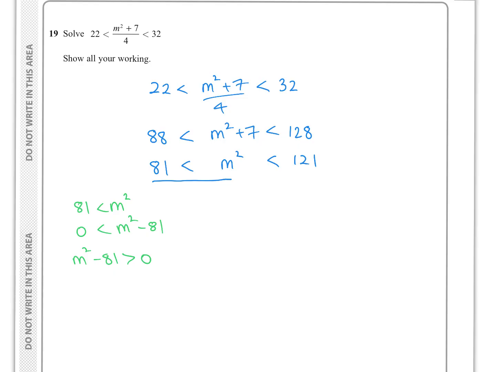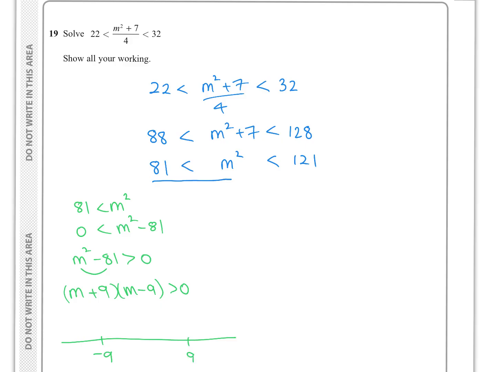That's the difference of two squares, and that's quite important. So I would say m plus 9 times m minus 9 is greater than 0. I'm going to put -9 and 9 here quite clearly.